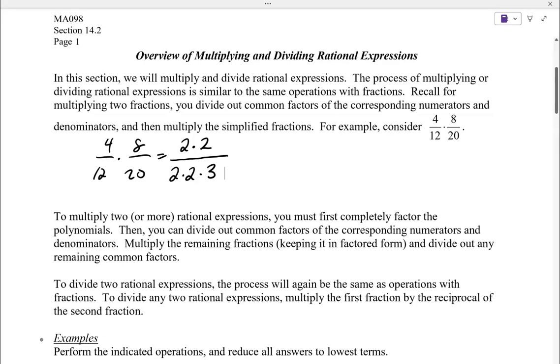The 8 we could write as 4 times 2, or I'll write it as 2 times 2 times 2. Like I said, you wouldn't necessarily do this all the time. I'm just showing you what you would do and mirror what we're going to do here in a minute. Okay? And then 20 is 4 times 5, or 2 times 2 times 5.